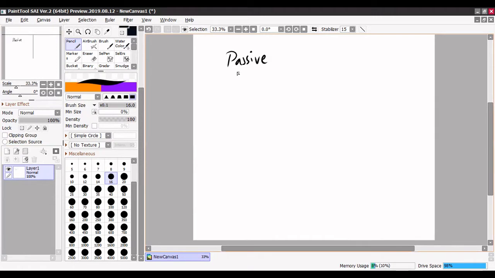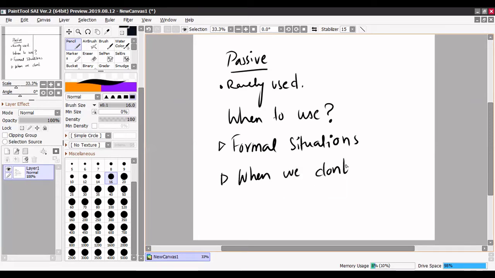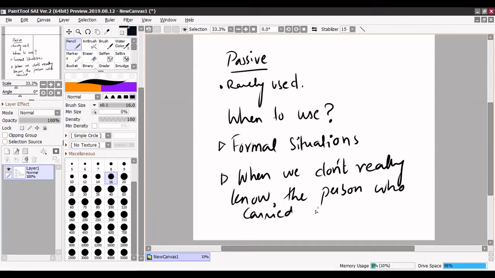When do we use passive voice? First, we use passive voice when we're in formal situations, when we don't really know the person who carried out the action, and when our focus is on the verb and the object.